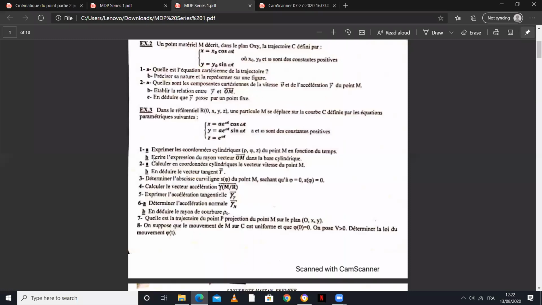Now 1b, they're saying, écrire l'expression du rayon vecteur OM dans la base cylindrique. So this we did again. We found the expression for OM dans la base cylindrique. Does someone remember how you write OM dans la base cylindrique? Anyone?